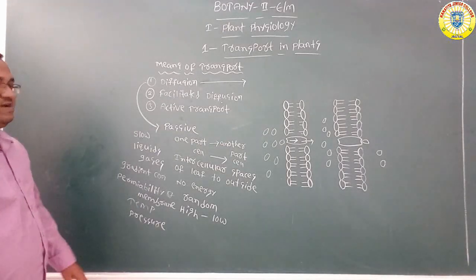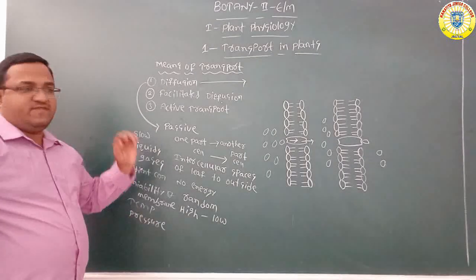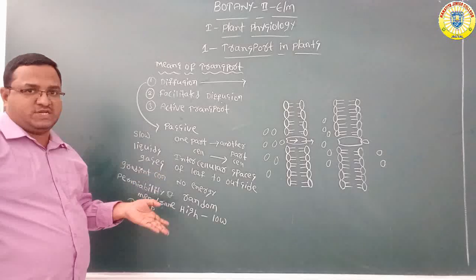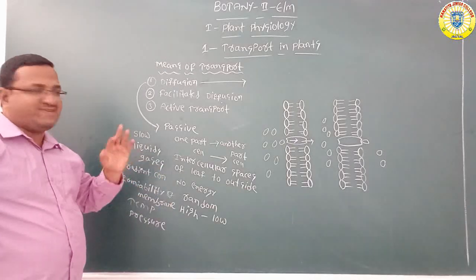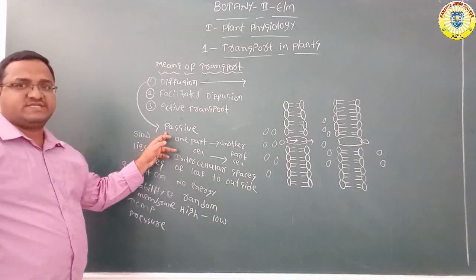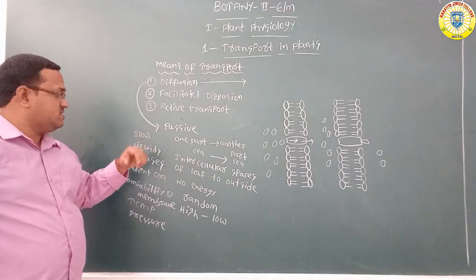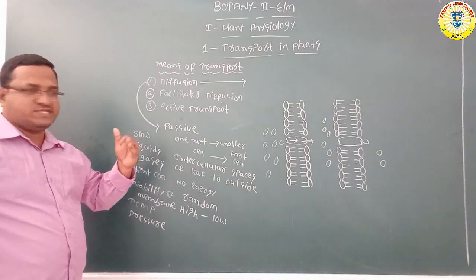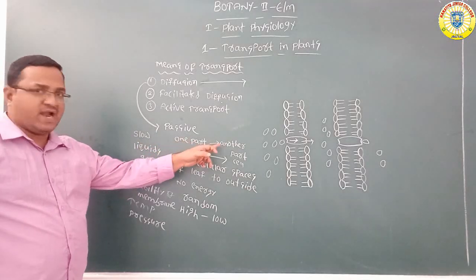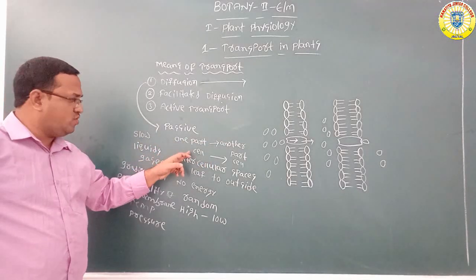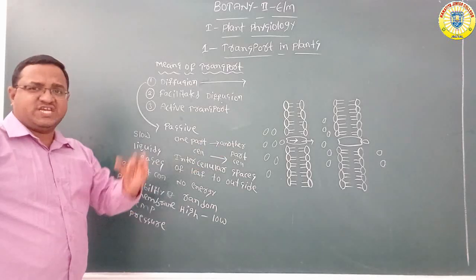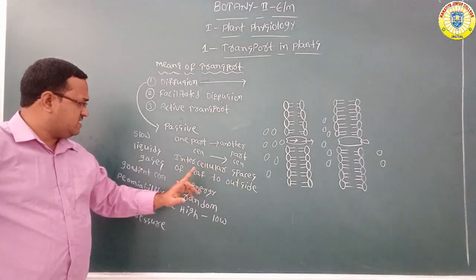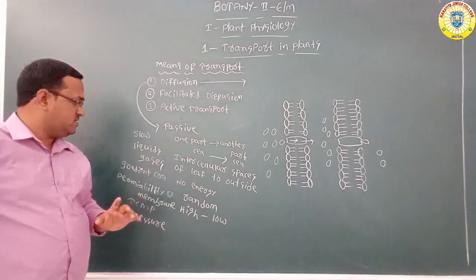Once again, diffusion is one of the passive processes, an inactive process. Diffusion means movement of molecules from one part of the cell to another part, or from one cell to another cell, over very short distances, like the intercellular spaces of the leaf to outside.